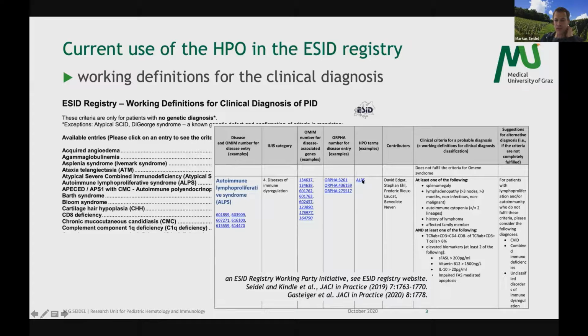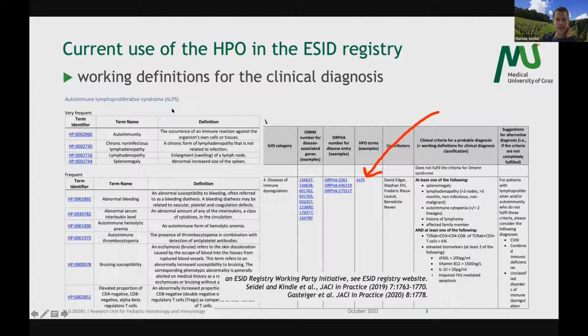If you now click on this button here, you will be linked to most of the times between 1 and 4 page form within the same document that tells you about the very frequent HBO encoded phenotypes that are found in this disease, the frequent ones, the less frequent ones, and the infrequent ones. This is basically an example how we could add HBO terms to the diseases that are already in this catalog.